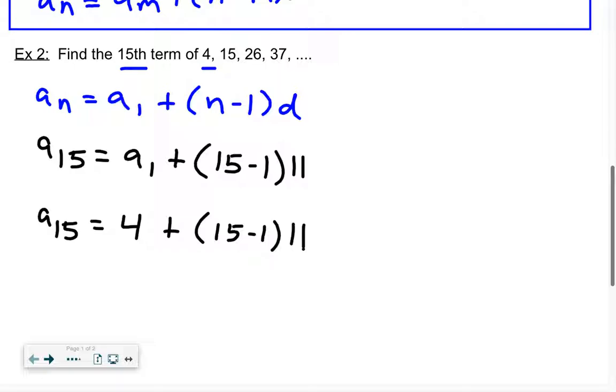A sub 1 indicates we're looking at the first domino. The first domino has a value of 4 on it. The third domino, a sub 3, has a value of 26 on it, and so forth. So these subscripts can get kind of confusing at first, but understand it's used to identify which term we're looking at. So now that we have everything plugged in, we can simplify this, correct?